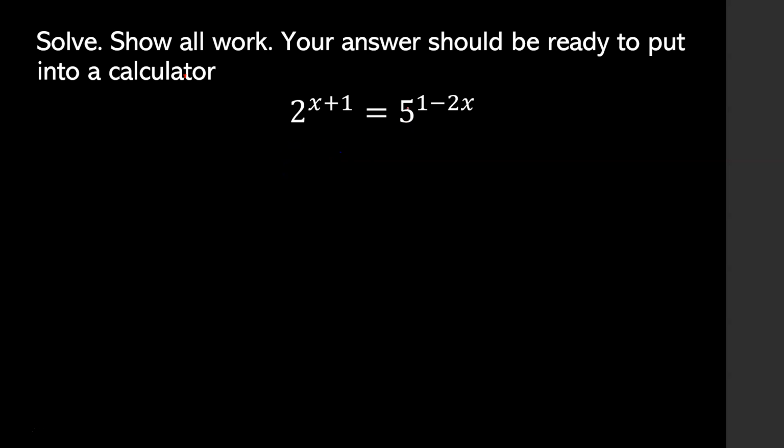Now, if we had 2 and 8 as bases, then we have a chance of getting something. Or 2 and 4, something like that. But because 2 and 5 don't really share anything, we're just going to have something ready to put into a calculator, but not anything that you guys feel like is a nice number.